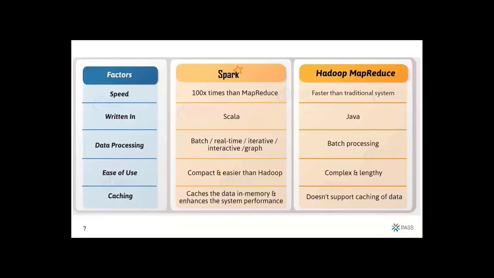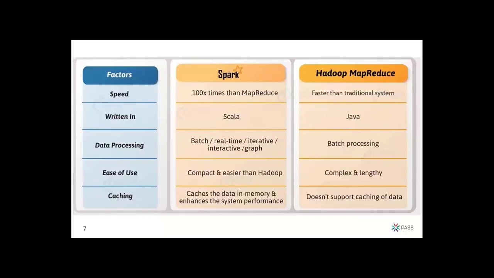Spark is relatively easy to use considering all the programming models and APIs it offers. Running a small program like a word counter in Hadoop is a little bit complex and lengthy. A word counter program may take like 100 lines in a Hadoop cluster, whereas Spark can do it in a few lines of code.